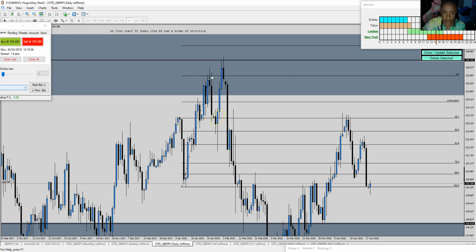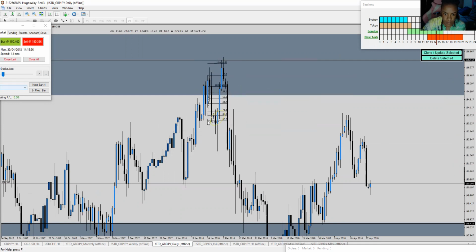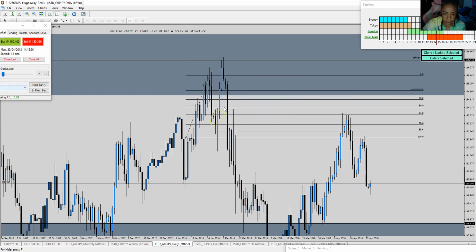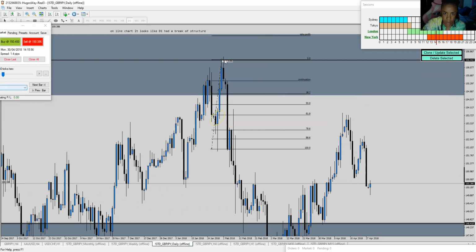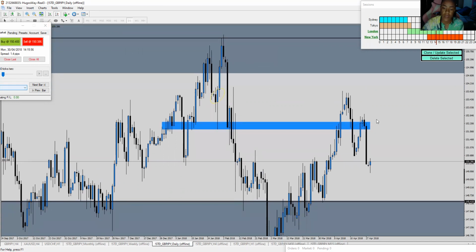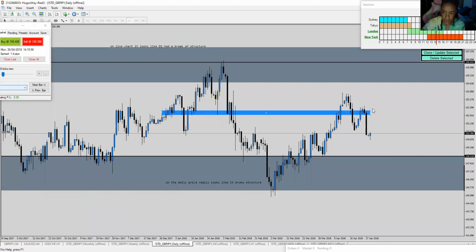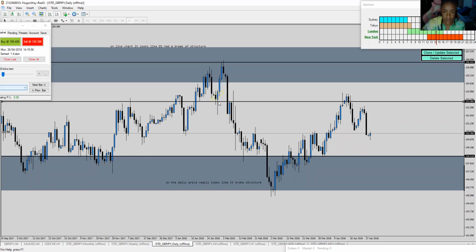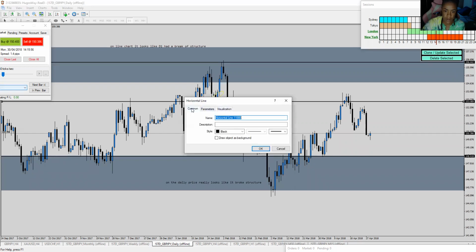So everything is good. Now we're going to adjust our point A, point B. This is a level that price now needs to break in order for it to be considered a break of structure. And a break of structure on the daily is definitely something you're going to want to capitalize on. So it was at this moment, I'm actually going to make this different.